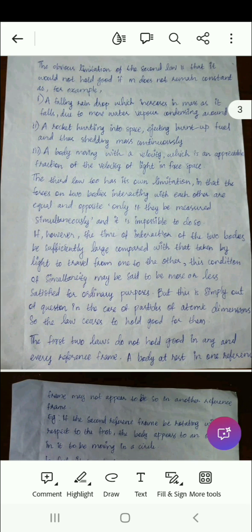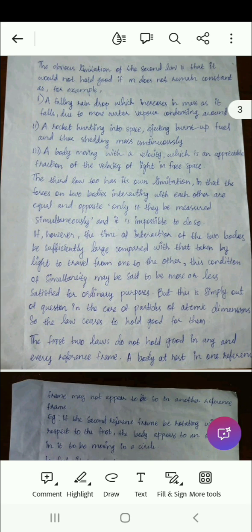So if hypothetically one planet suddenly explodes or changes its path of revolution, the other planet won't be affected by it for 1 year, because again the speed of light is finite.